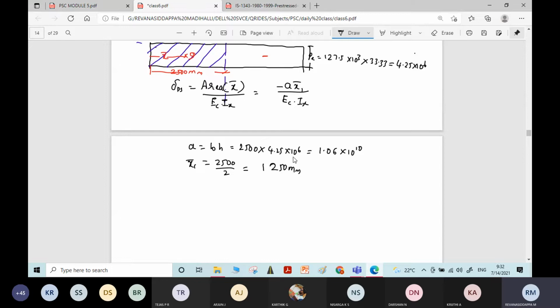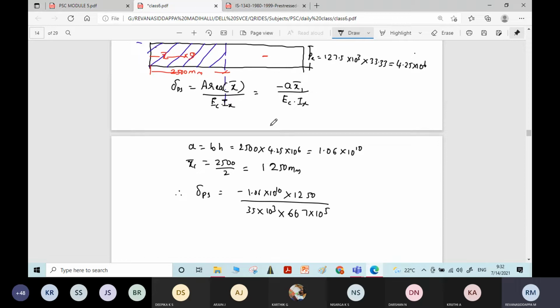EC is known, IX is known. Just substitute. Therefore, delta PS is equal to minus 1.06 into 10 power 10 into x1 bar 1250 divided by 35 into 10 power 3 is the Young's modulus into moment of inertia 667 into 10 power 5.